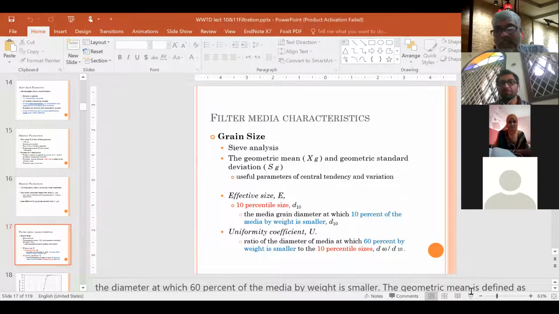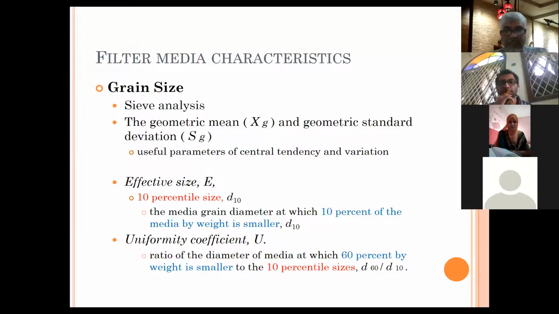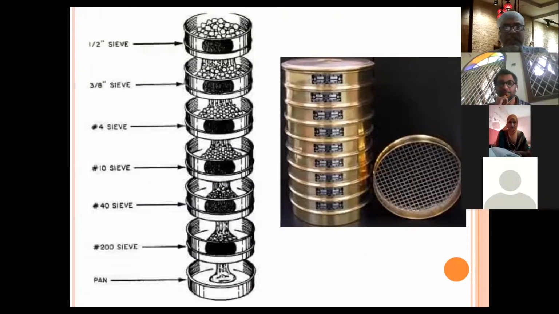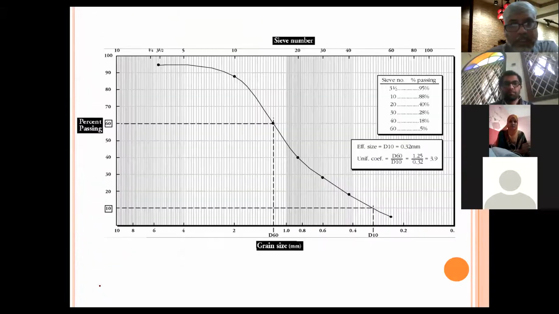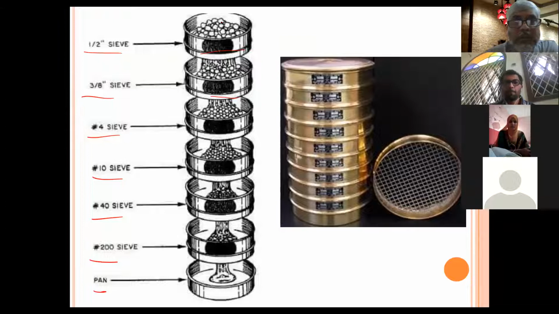That sieve analysis is done using different sieves like this. You can see a series of sieves, one sieve and another sieve, with different mesh sizes, and finally you can collect. When we put the sample here, some particles remain on the top and others pass, and according to the size of the sieve, some remain here, another passes, and so on.